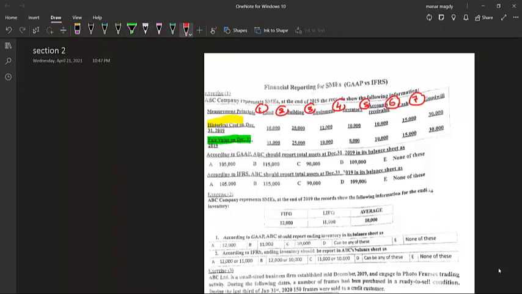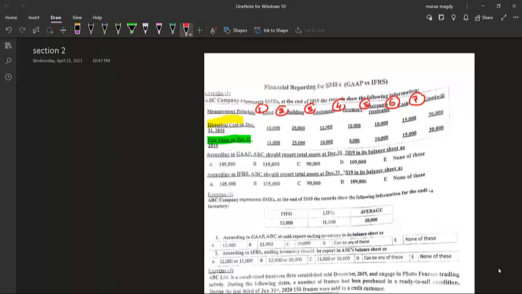According to GAAP, ABC should report total assets at December 31, 2019 in its balance sheet as follows. If we refer back to the rule regarding historical cost, we will remember that GAAP only takes into consideration the historical cost in its records, except for marketable securities, and none of these accounts is marketable securities.